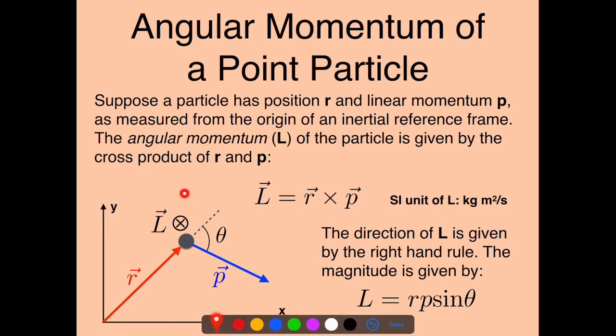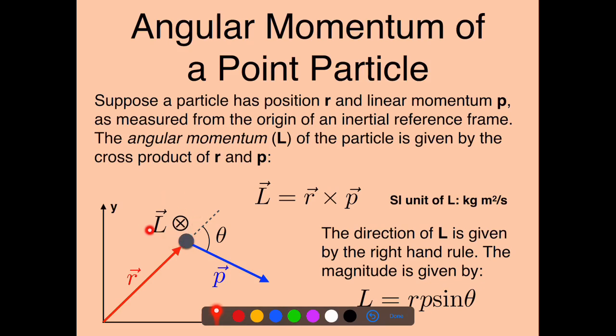So that's what I'm showing you here. L is a vector that's going into the page. And by the way, sometimes we show a vector going into the page using this symbol. What this should bring to mind is an arrow that's going into the page, and we're looking at the tail of the arrow, like that. Okay, so that's how we deal with the direction.